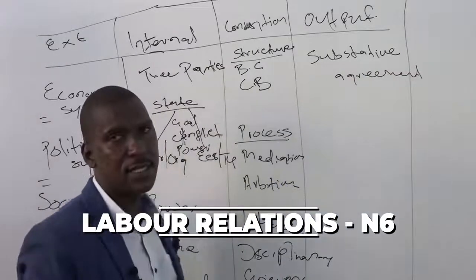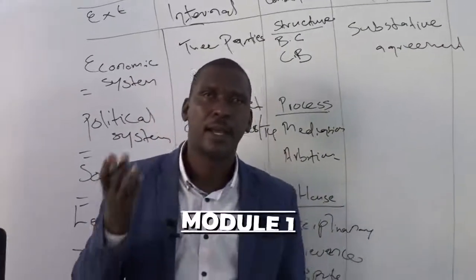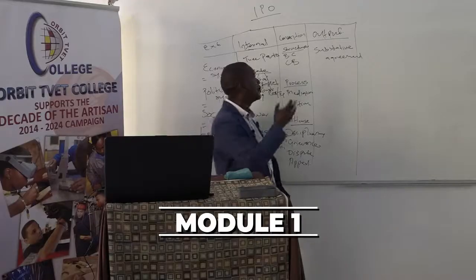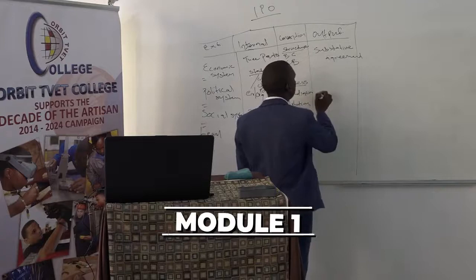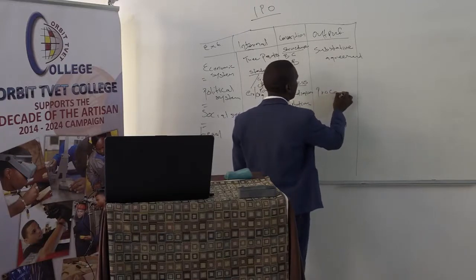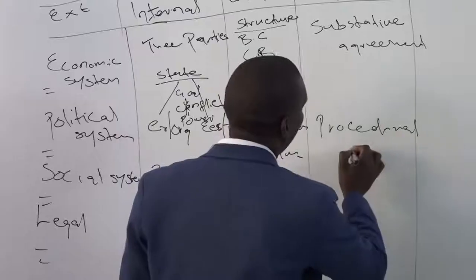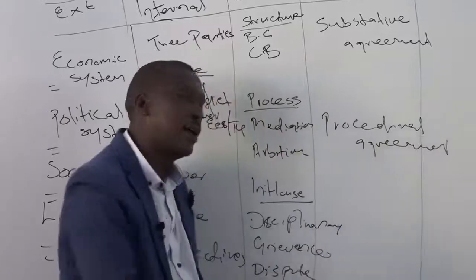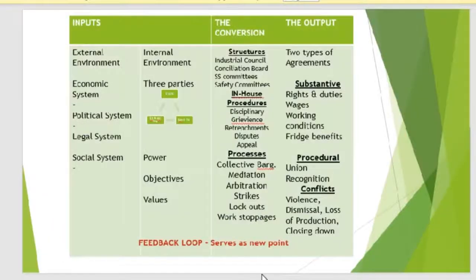These are the agreements that we reach through guidance or through a particular legal framework. There are legal prescripts that tell us how to achieve this. Secondly, we have what you call procedural agreements. These are the agreements that we reach after following a particular procedure or particular steps in order for us to arrive at this particular decision.